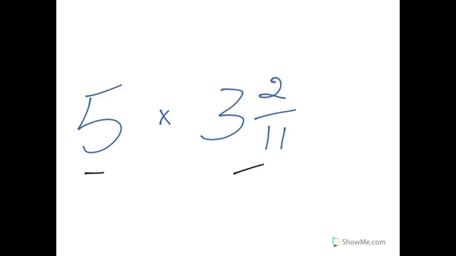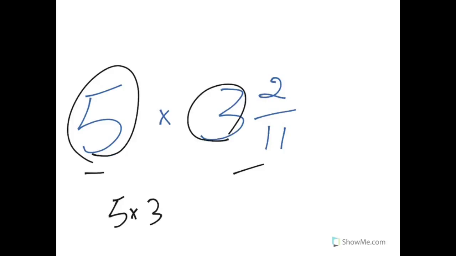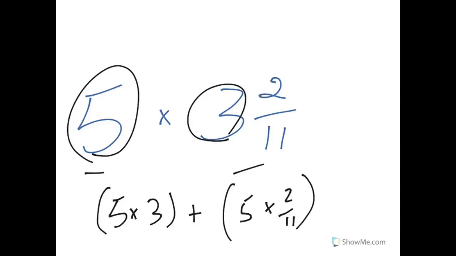In this case, if you think back, it was earlier in the year, we talked about the distributive property. I can break this apart to 5 times 3 plus 5 times 2/11. Okay?